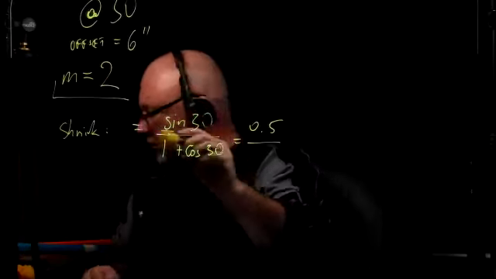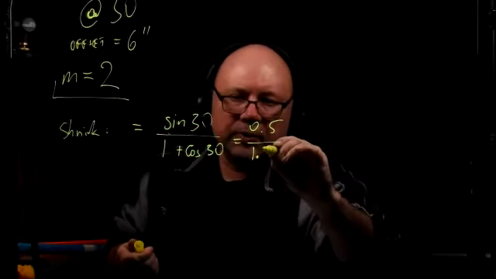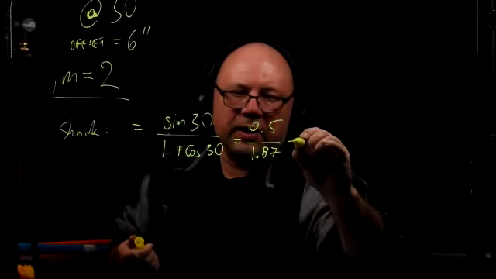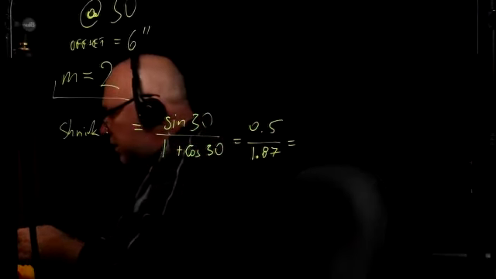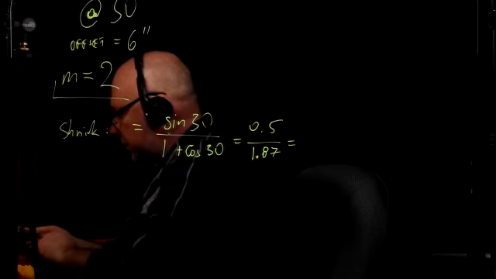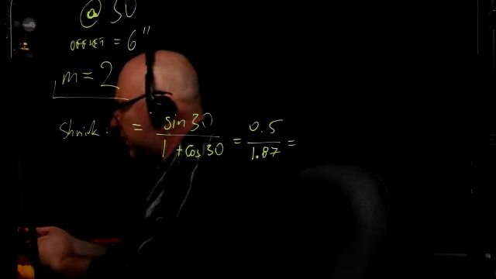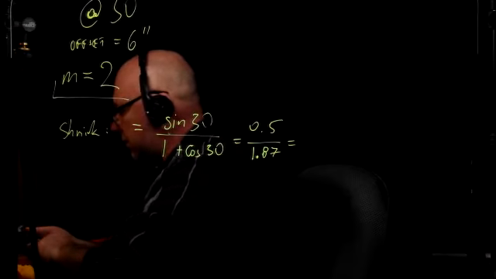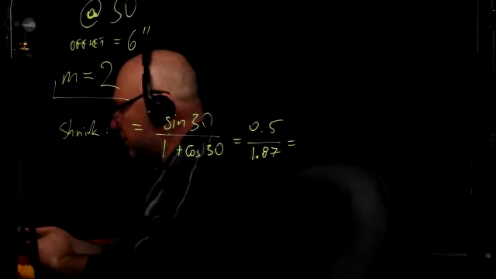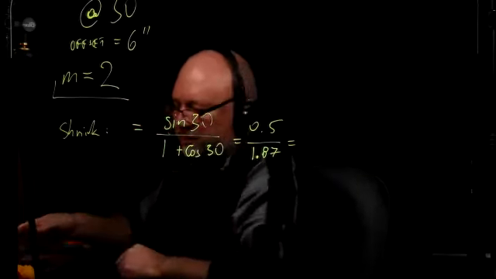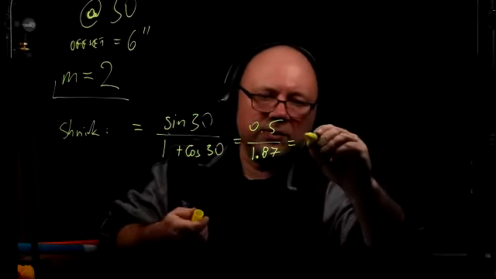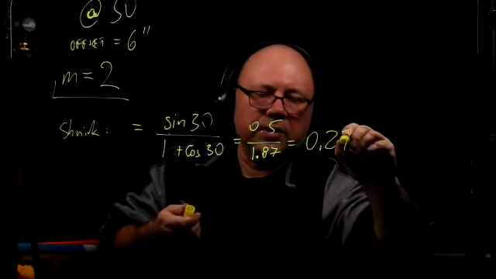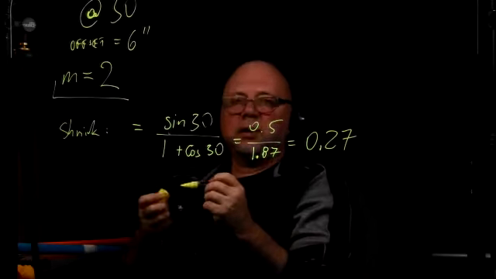So 1 plus 0.87 is 1.87. So 0.5 divided by 1.87, that's 0.27.